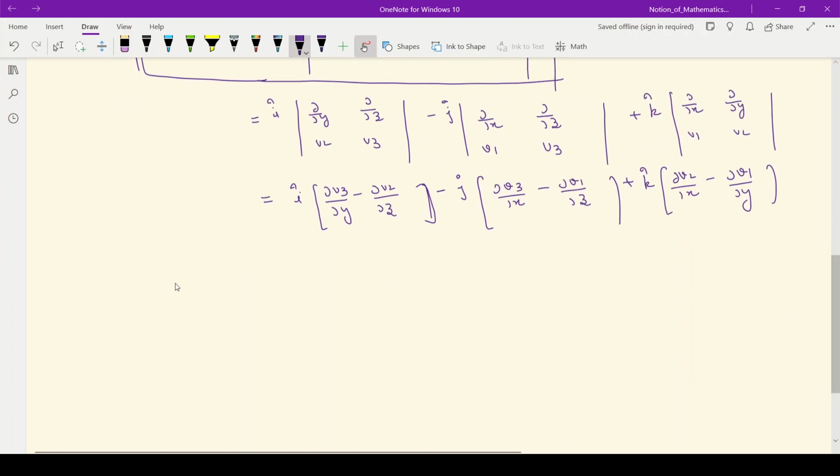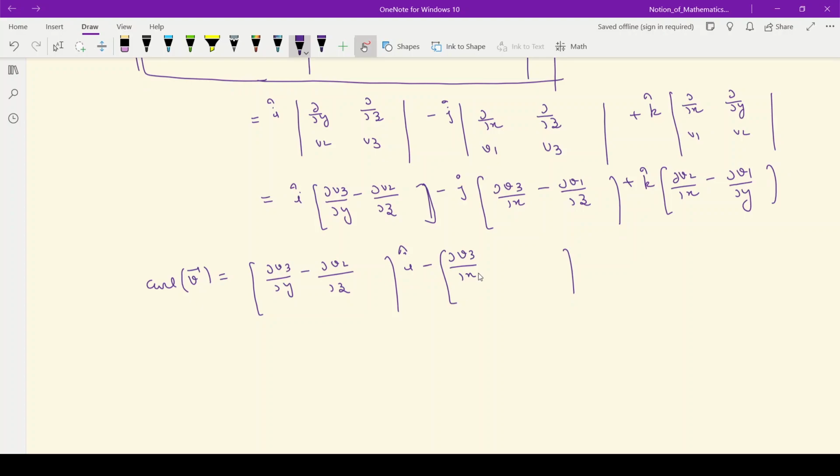Finally this curl of v vector is defined as partial v3 by partial y minus partial v2 by partial z, i cap, minus partial v3 by partial x minus partial v1 by partial z, of j cap, plus partial v2 by partial x minus partial v1 by partial y, of k cap.